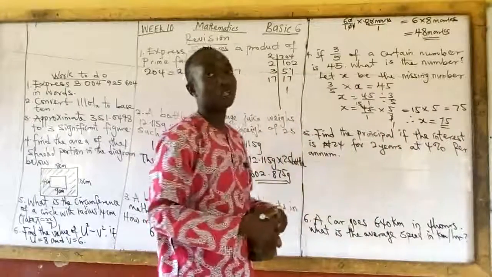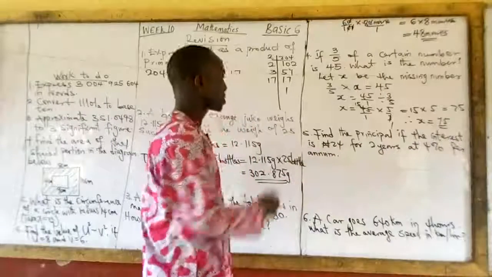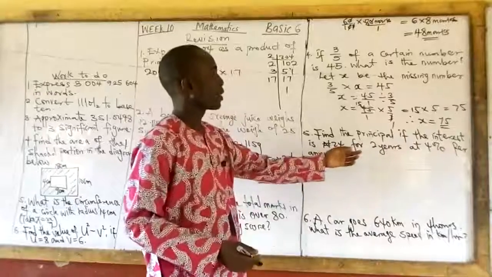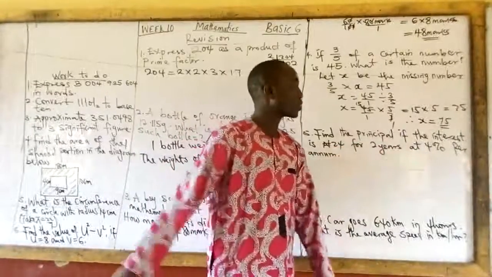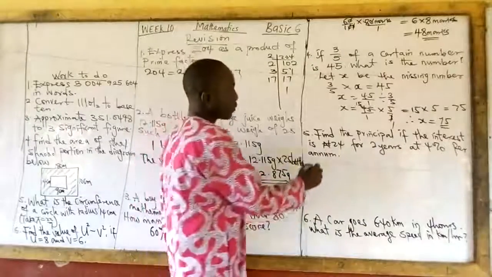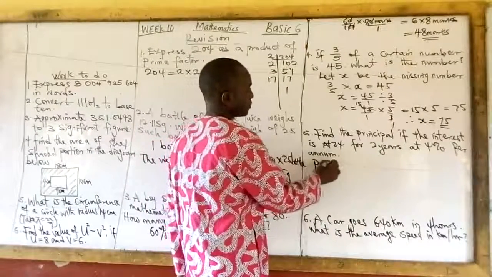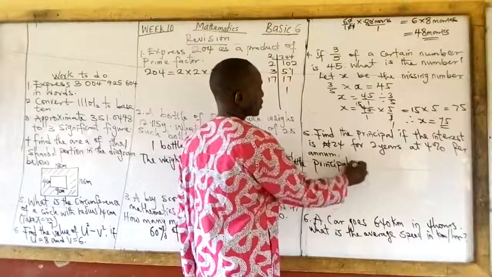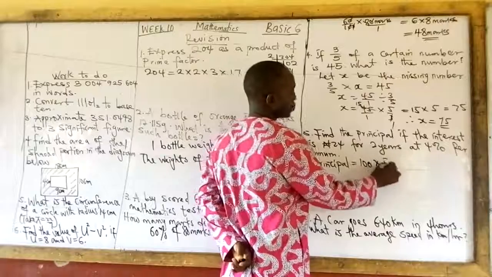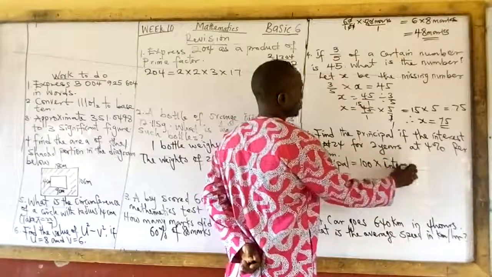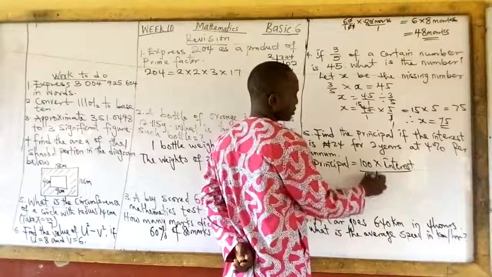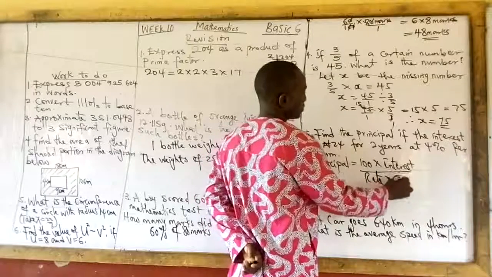We move to number 5. Find the principal. If the interest is 224 naira for 2 years at 4% per annum, what is the principal? The formula for principal, I'm listening, the principal will be 100 multiplied by interest, everything over rate times time.